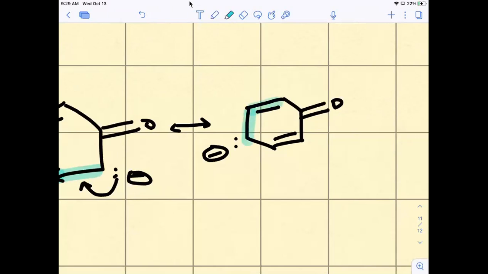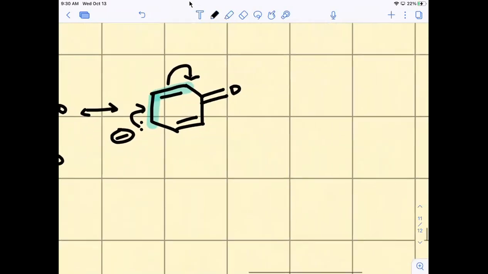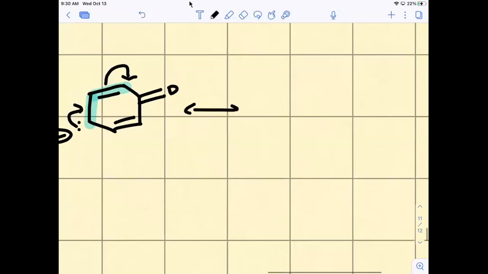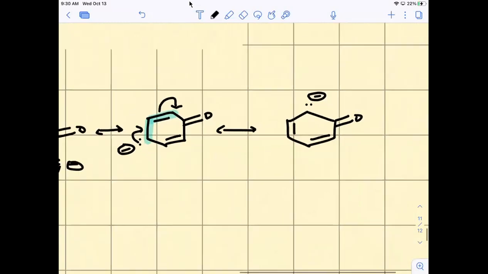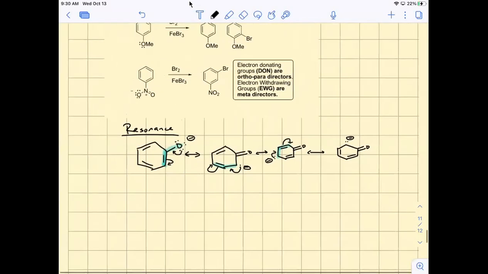See the pattern? So this is here. Make sure I have the ring. So now I have a pair of electrons here, here, here. Everybody okay with that?